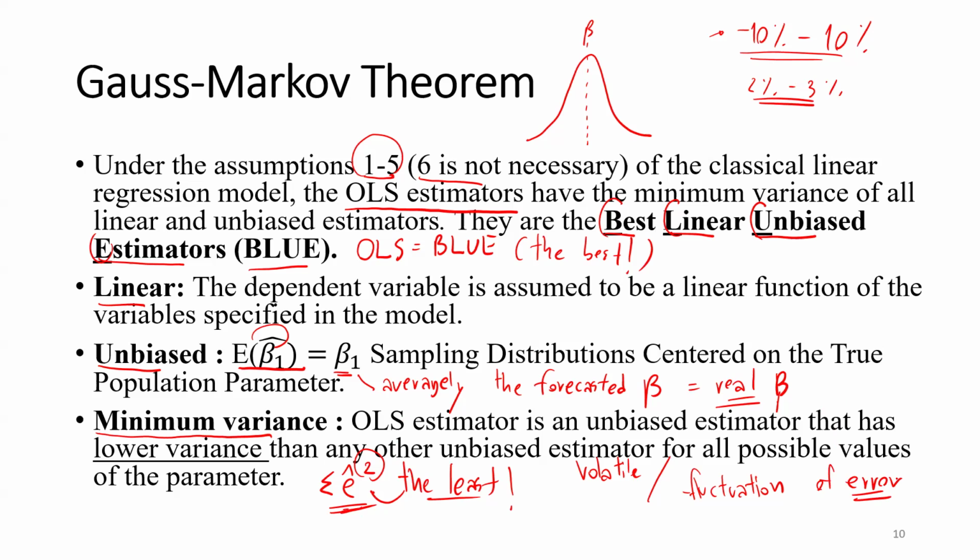Very good model, right? And they claim that they are the least, or they are the best. BLUE, best linear unbiased estimator. No model can compete with OLS, they claim.